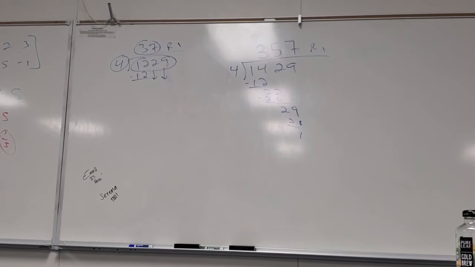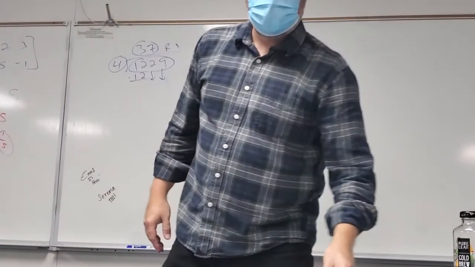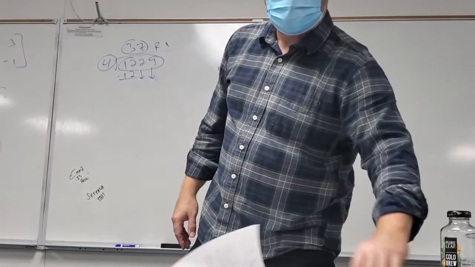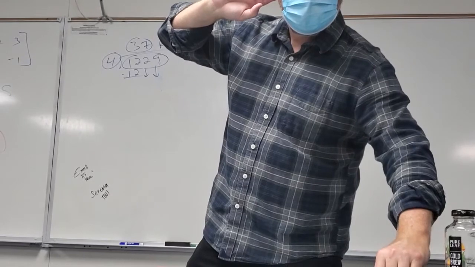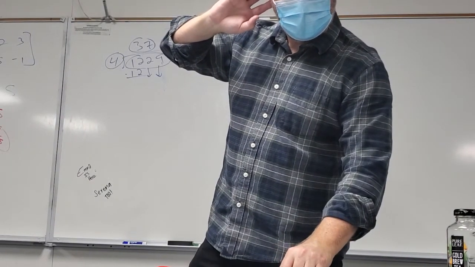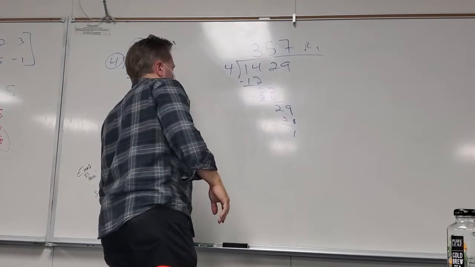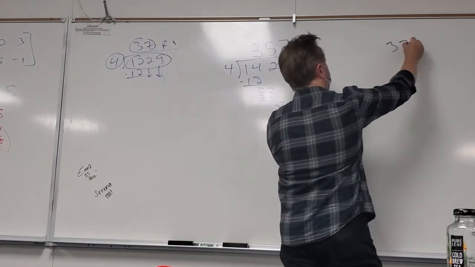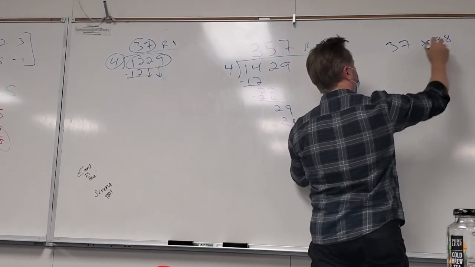A question on 4.1, problem set B, number 4, C and D. 37 times 98 I had up here earlier. 98 is really close to 100, right?